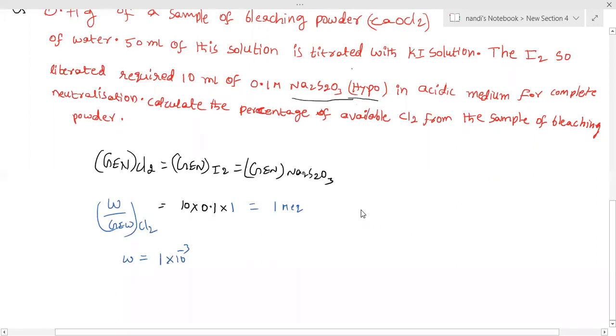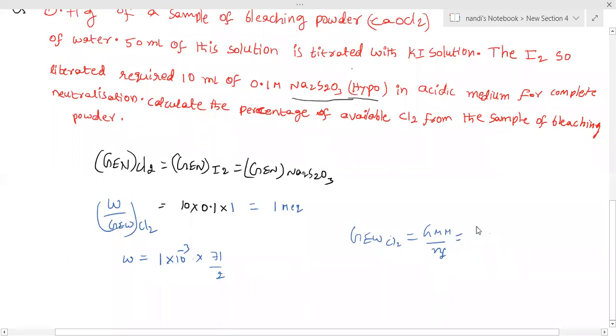Whether Cl2 or I2, n factor is 2. So you can write here molecular weight is 71 by 2. Is it correct? Equivalent weight of Cl2 equal to gram equivalent weight of Cl2 equal to gram molecular mass by n factor. N factor, how much can I get?